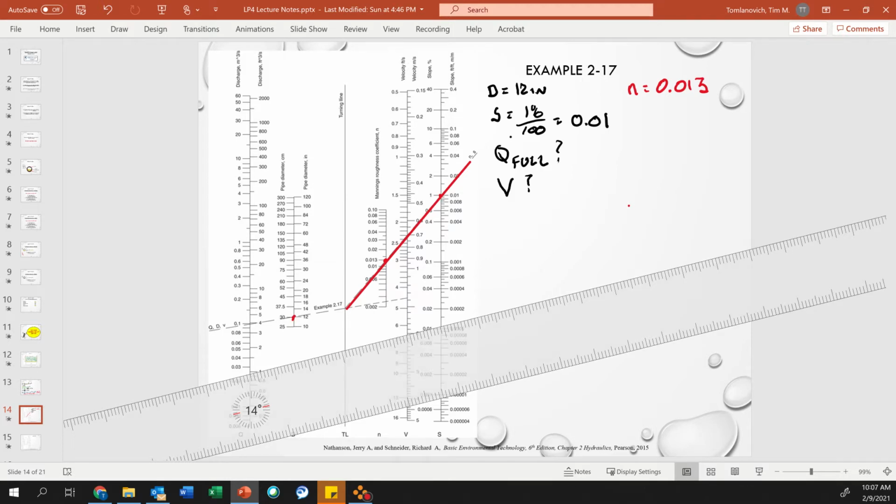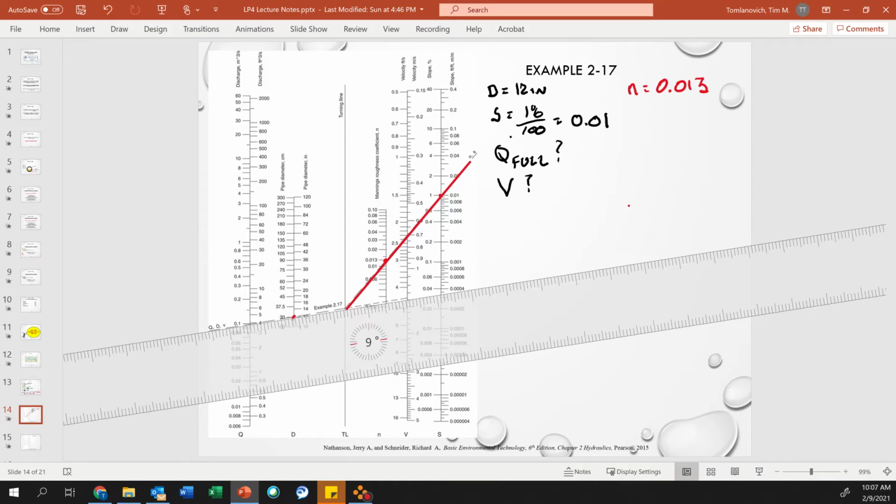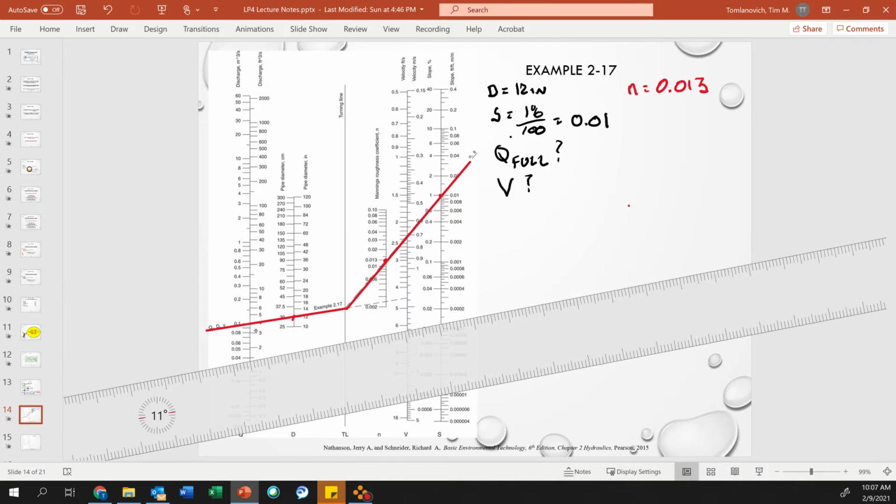Now if I go through there, I look at where my discharge is, and I run through 4 discharge cubic feet per second. This equals 4 cubic feet per second.